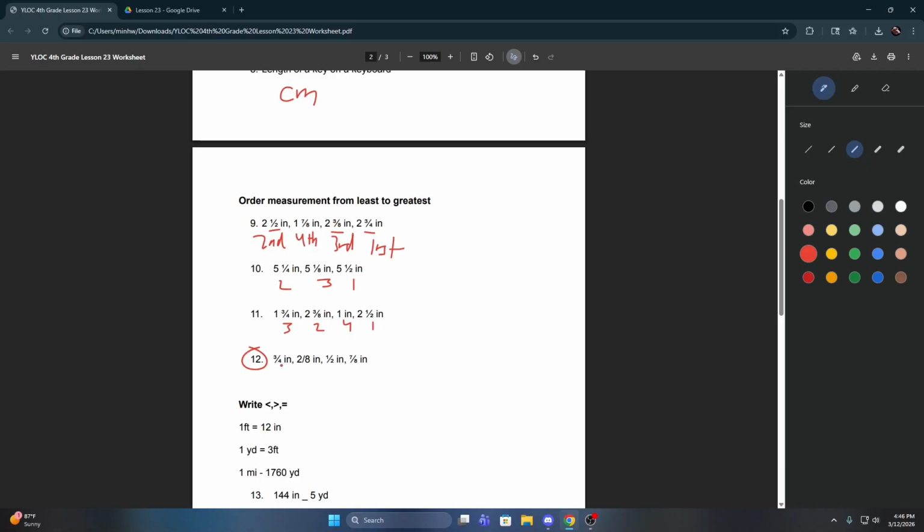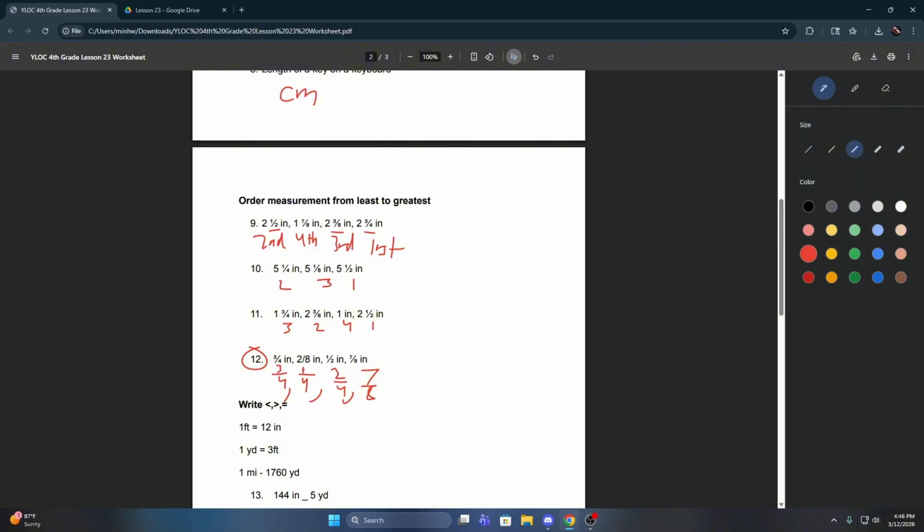Here, 3/4, 2/8. So 2/8 is the same thing as 1/4. I'm just gonna rewrite it here. 1/2 is the same as 2/4, and 7/8, right? You can't really rewrite this.